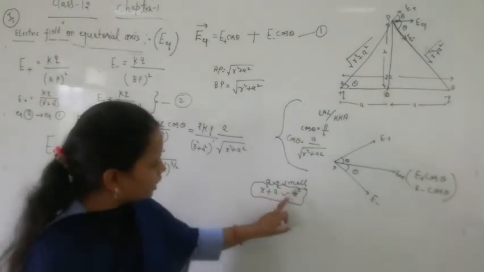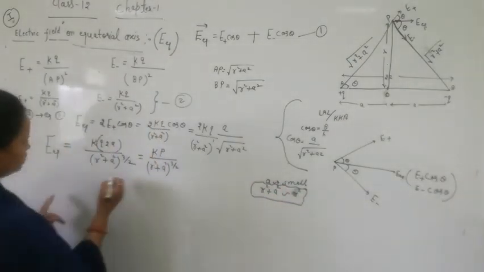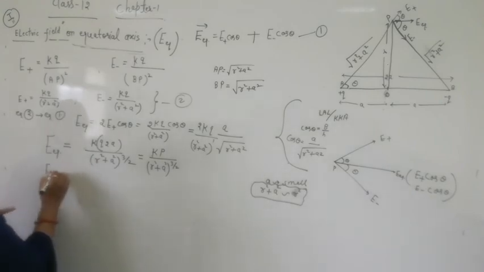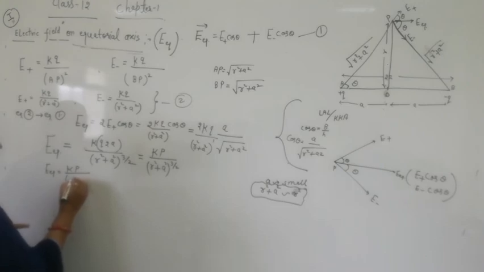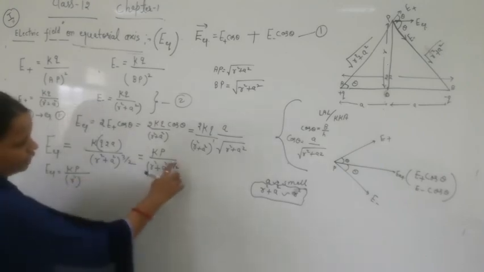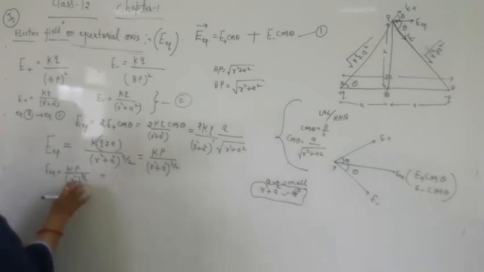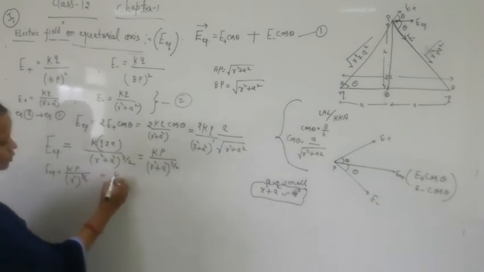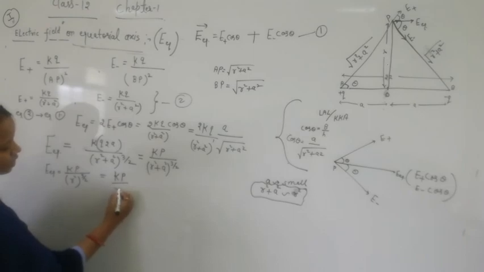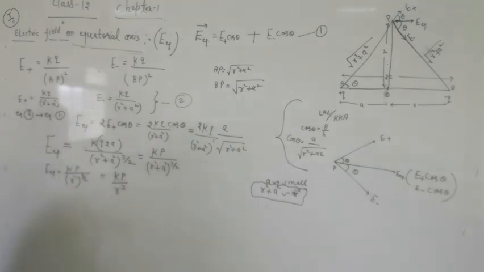Only r square remains. So E equatorial equals kp upon r square raised to the power 3 by 2. The 2 is cancelled with the square term, giving kp upon r cube. So the electric field on the equatorial axis is kp upon r cube.